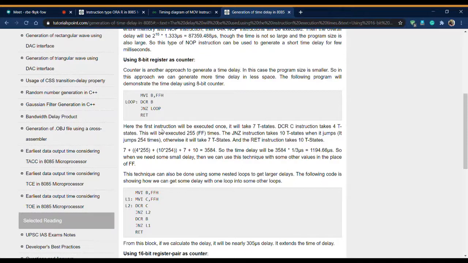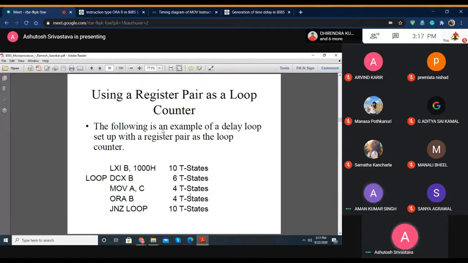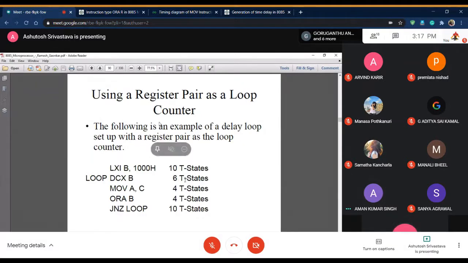Sir, 247 T states. So you need to calculate the overall delay. Here you have the delay due to the outer loop, and this is due to the inner loop.